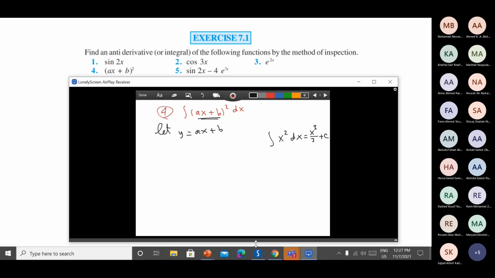So I would like to replace everything in terms of x to be in terms of y. If I differentiate, dy by dx will equal a, so dy will equal a dx.